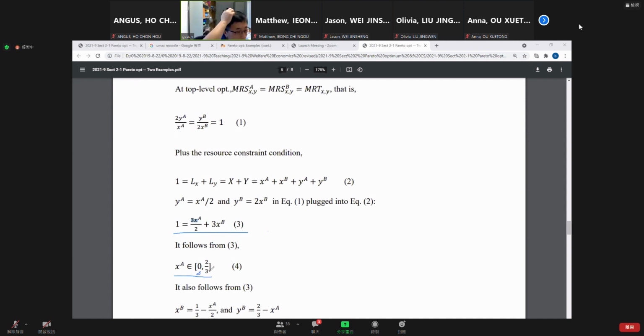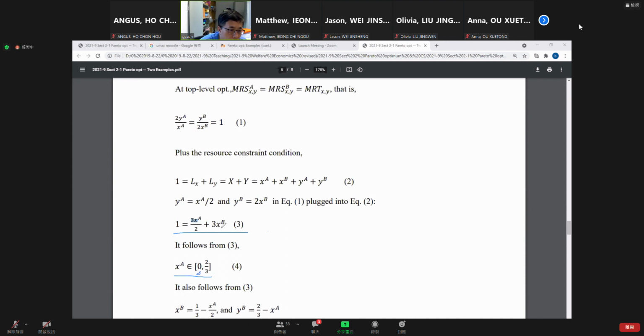And any number is possible. This is the first point. So the second point is for any XA taken from this range, any value, XB equals this number minus this one, and divided by 3.